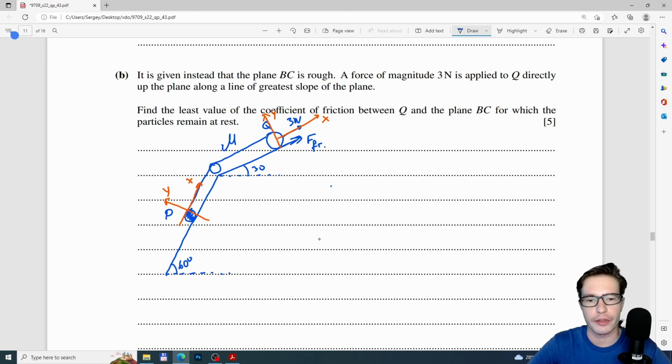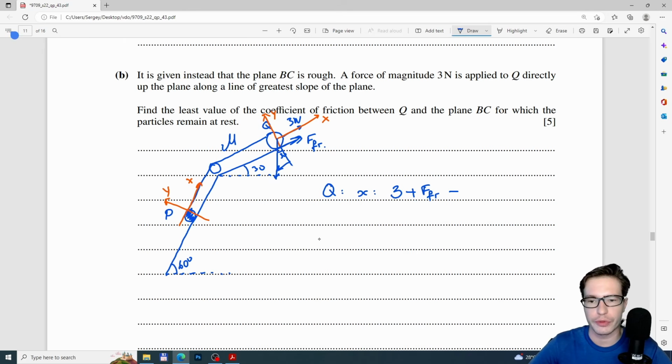And let's now write the second Newton's law for both particles. Now let's start with particle Q. On the x-axis, we've got the force of 3 newtons acting up. We also have the force of friction with the positive sign, and we also have the x component of the weight, which is in the opposite direction of the x-axis, so it's going to be minus.